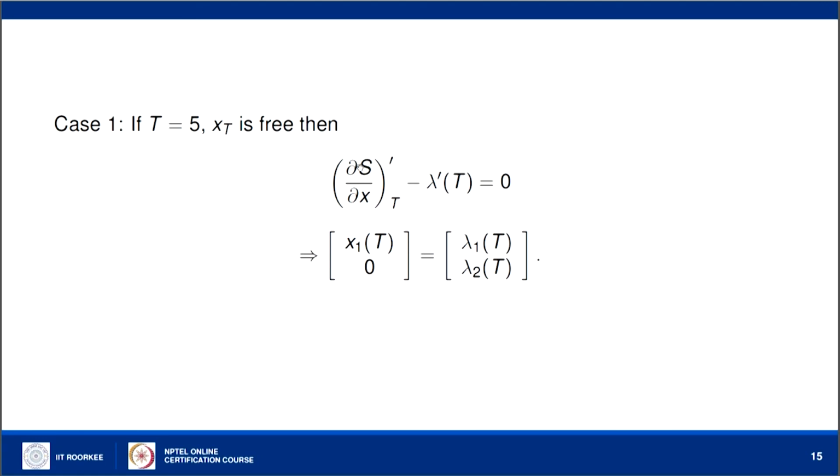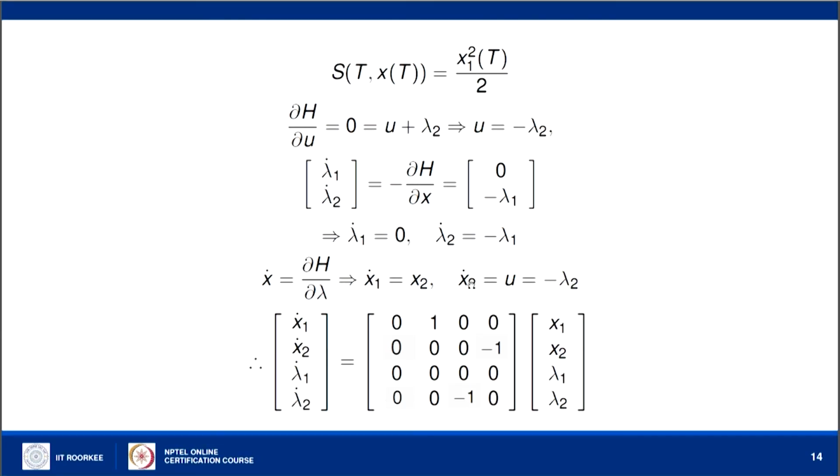By differentiating the S function with respect to x1 and x2, we get this value, and lambda 1(T) and lambda 2(T) are given by this. So, we get the boundary condition in this form, and we have to solve the system with the 4 by 4 matrix.